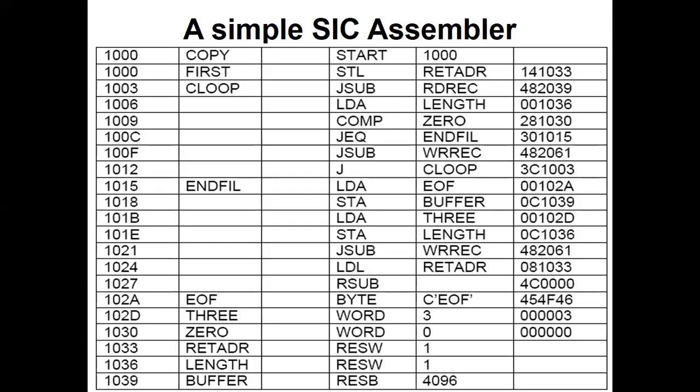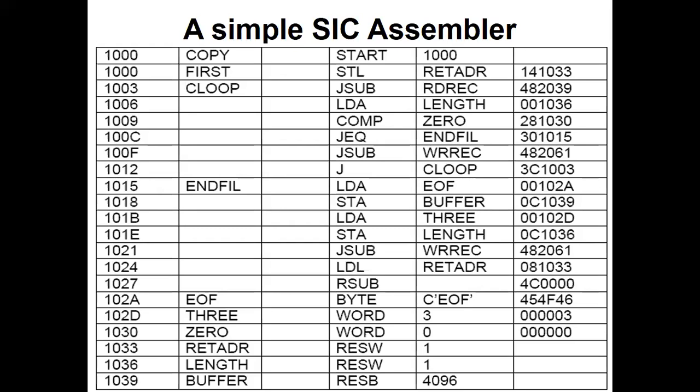I said, if you remember the format of a machine language instruction for the simple SIC, we have got only one format, which is 24 bits. We have 8 bits for the opcode, 1 bit for the addressing mode, and 15 bits for the address, a total of 24 bits. Those are 3 bytes.